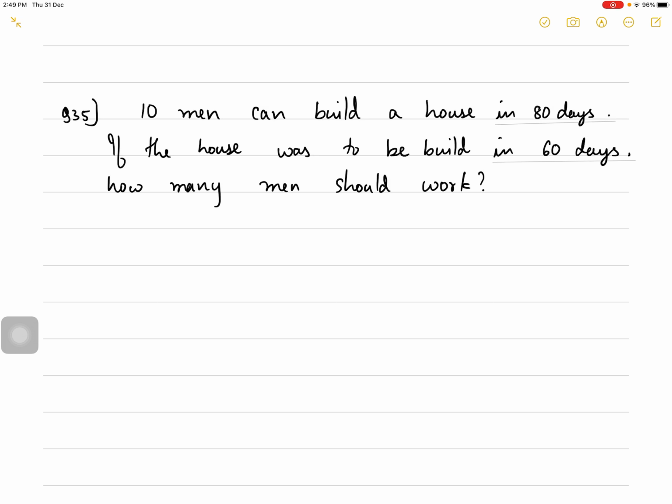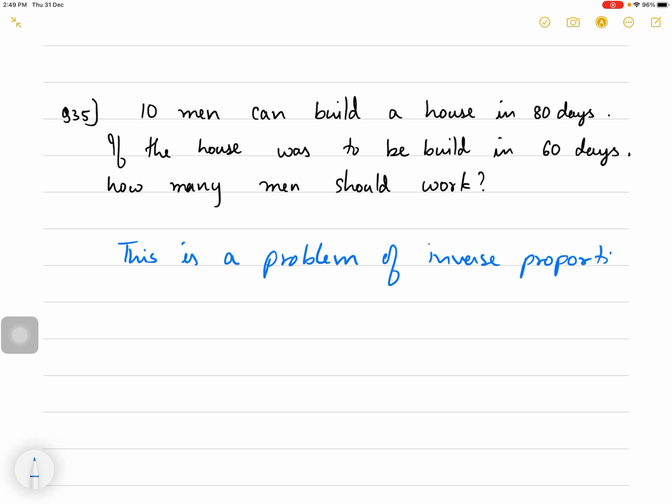So 10 men can build a house in 80 days. If the house was built in 60 days, that means you will need more number of people. You will need more than 10 people, right? So this is a problem of inverse proportion. Right?